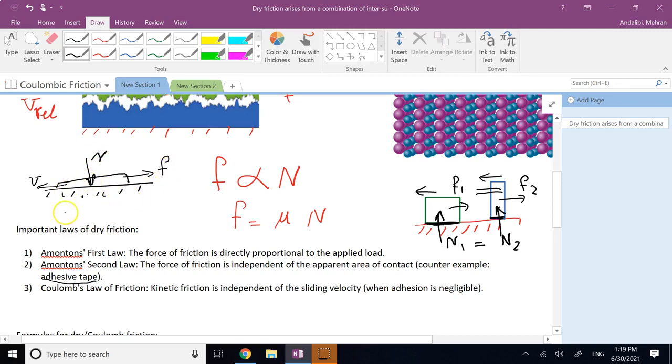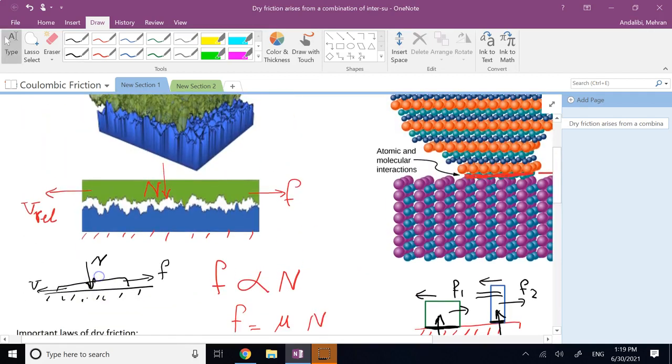Secondly, the more surface area, the more contact the adhesive tape has with the bottom surface, the more friction you are going to get. The reason is, as I said, when they formulated these laws, their assumption was really that friction comes only from these irregularities, not from these bonds.